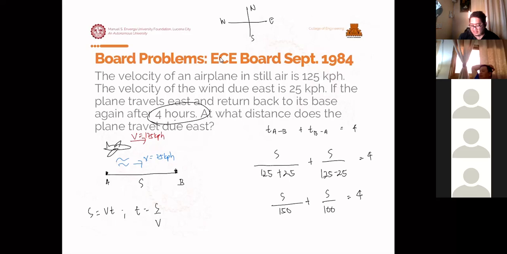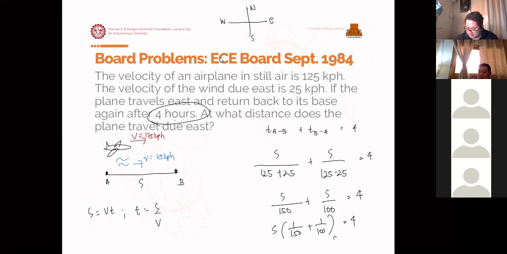Okay? So, dito pwede mo nang i-calculate ito, no? Pwedeng factor out mo si S. So, S times 1 over 150 plus 1 over 100 is equals to 4. Then, divide mo both side by nung addition ng dalawa. So, pagka-add niya, we have 1 over 60.